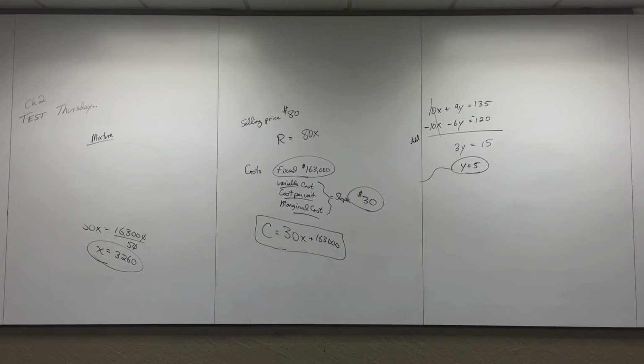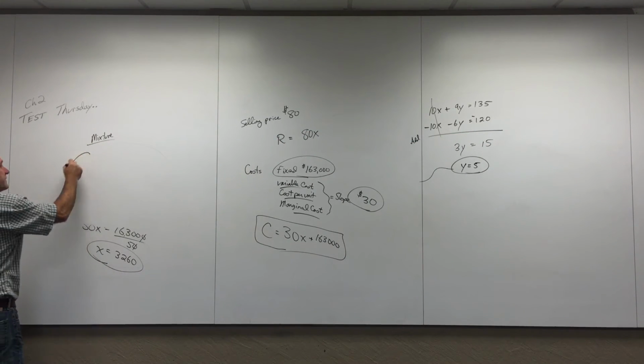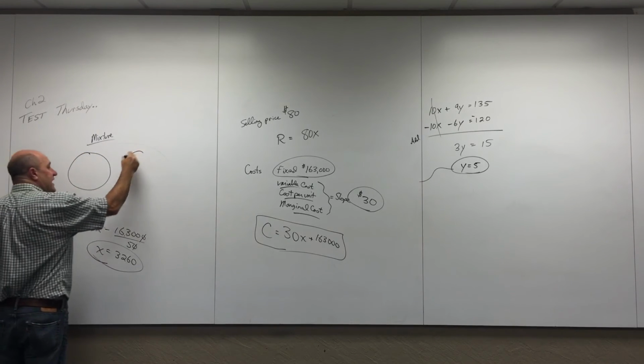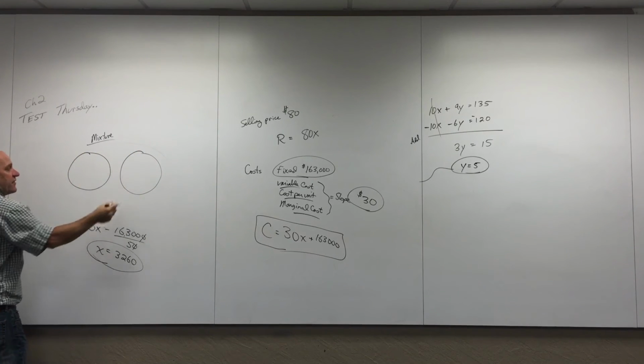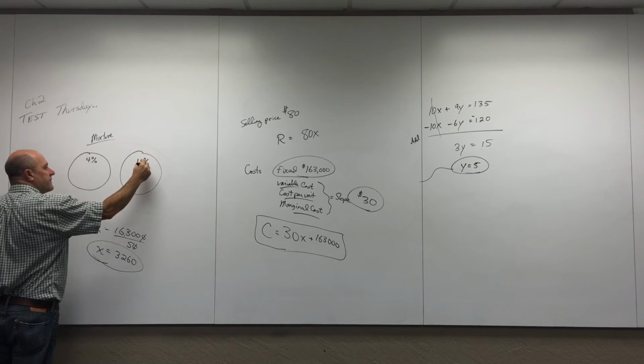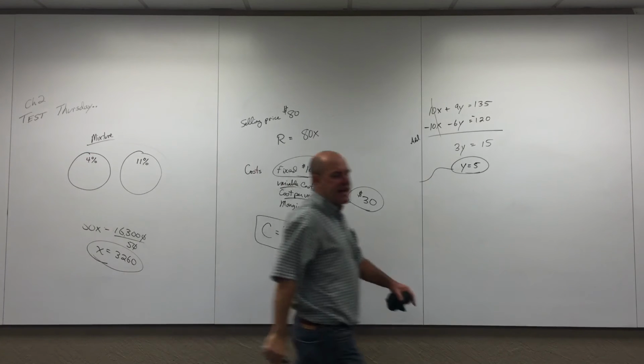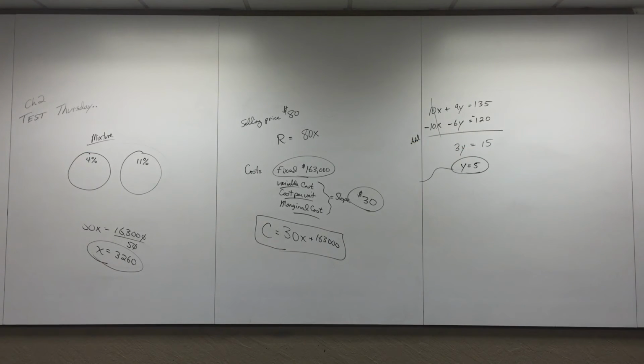One is a 4% concentration, the other is 11% concentration. So I feel like I'm mixing these two things together. Those are the two things I'm mixing together, this 4% acid and 11% acid.